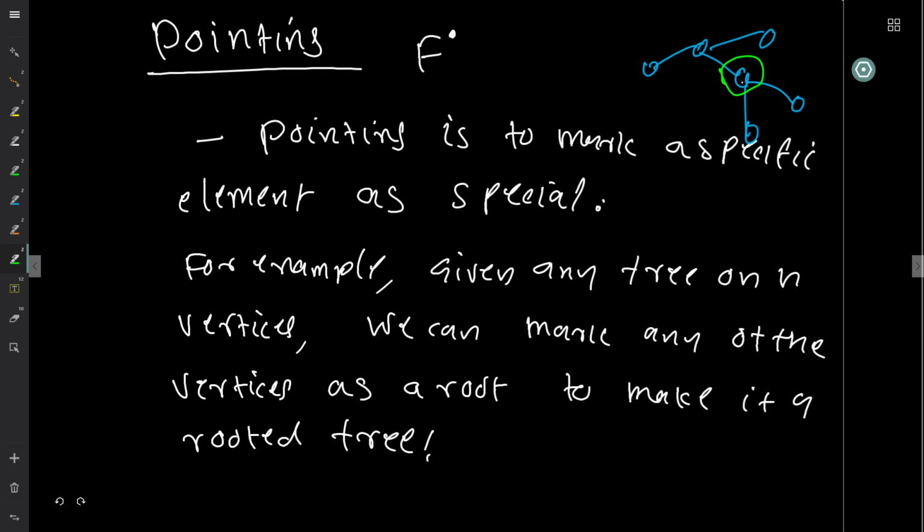I'll just say that this vertex is now special, or I'm pointing to this vertex saying that this is the main vertex. What is this? This is precisely a rooted tree. A rooted tree is a tree with one vertex which is marked as special, or pointed, saying that this is the root. So the pointing of the species of trees must make a species of rooted trees.